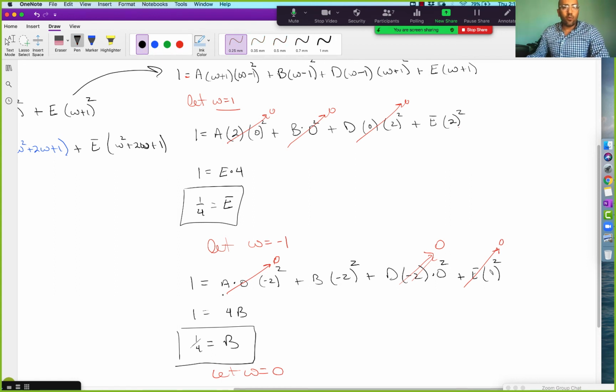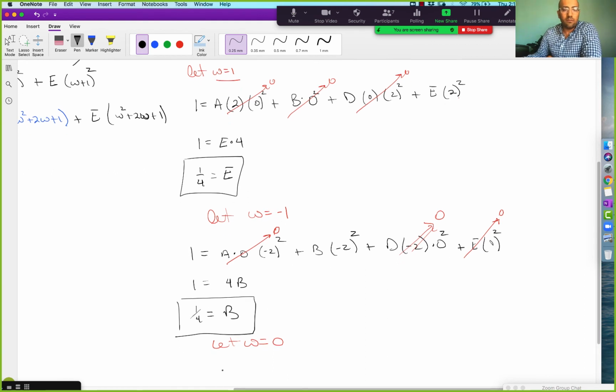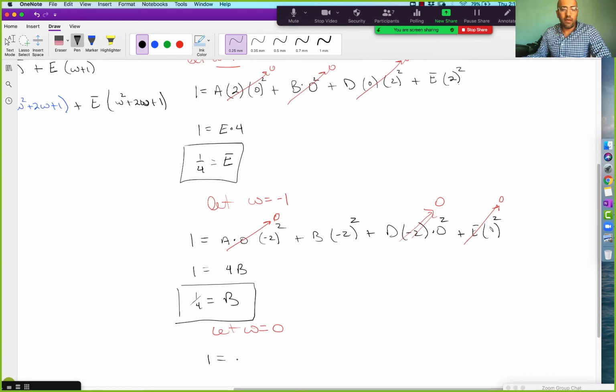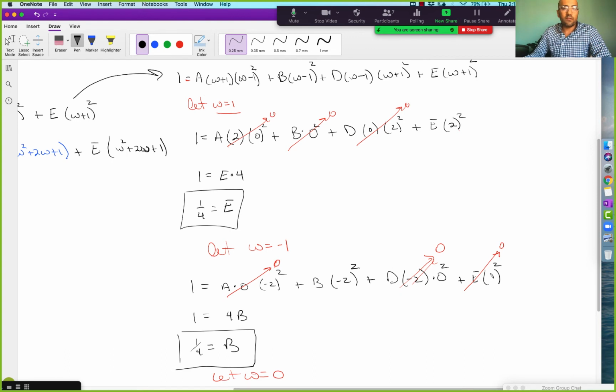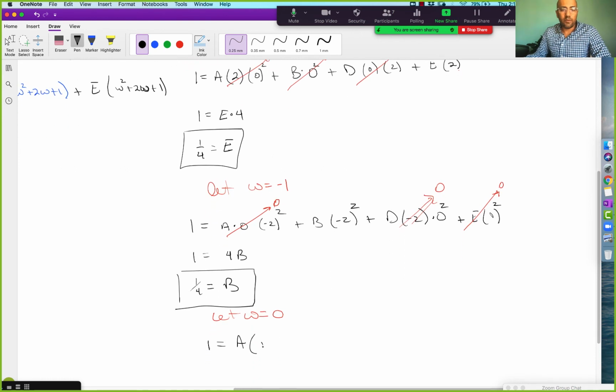So I'll end up with 1 equals A times (0 plus 1), which is 1, times (0 minus 1) squared, which is (-1) squared.